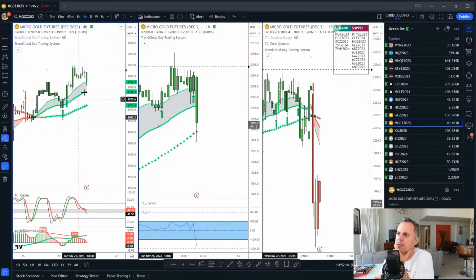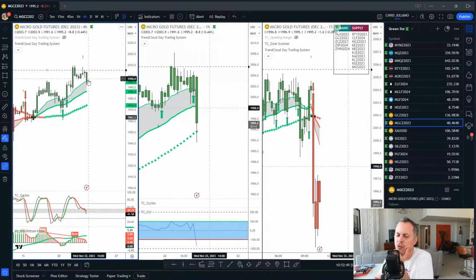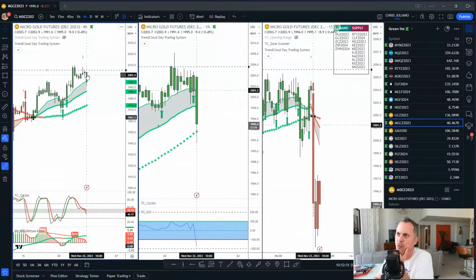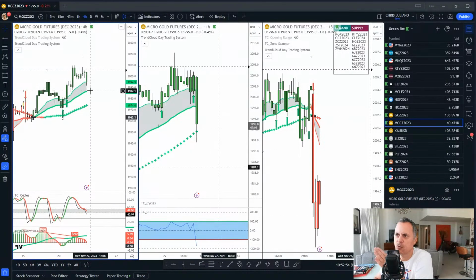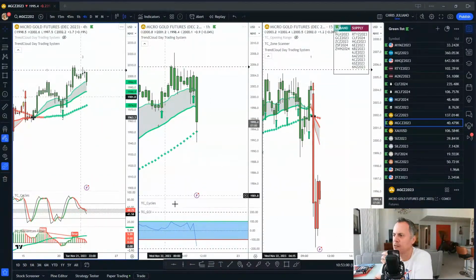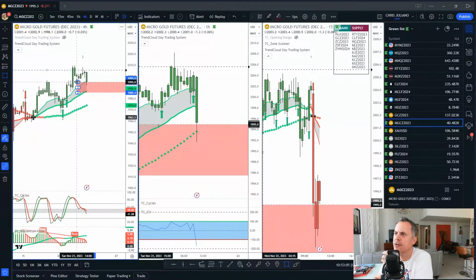Gold is in an uptrend, but we're cycling down. That means we're in a corrective move. So you've got to ask yourself, where is this corrective move going to end? Well, it's probably going to end somewhere inside the trend cloud.